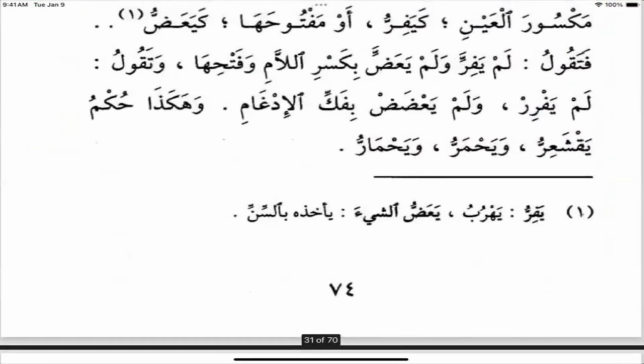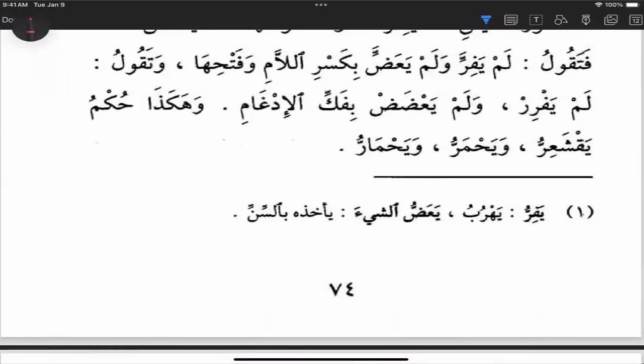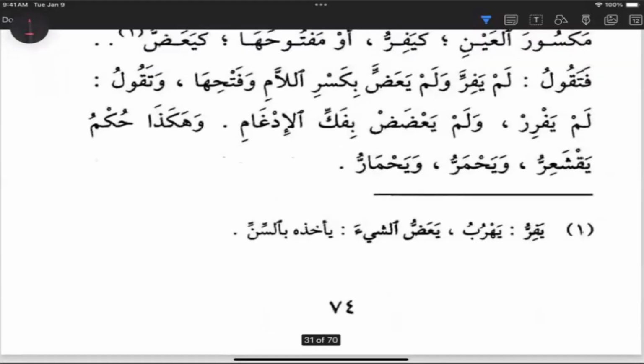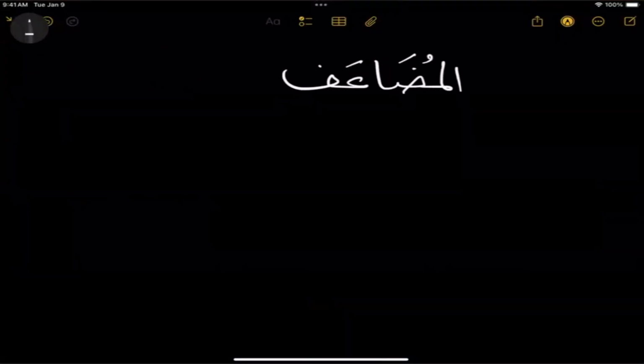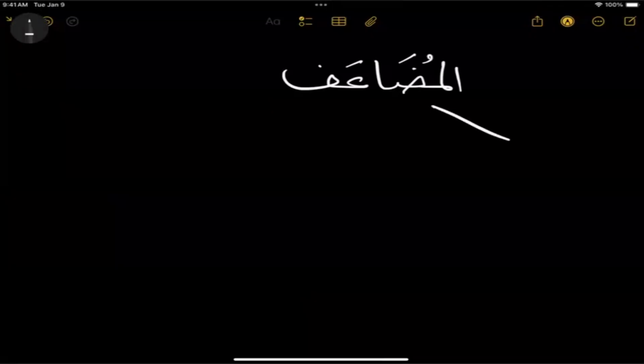So remember, the Mudaaf has three cases.